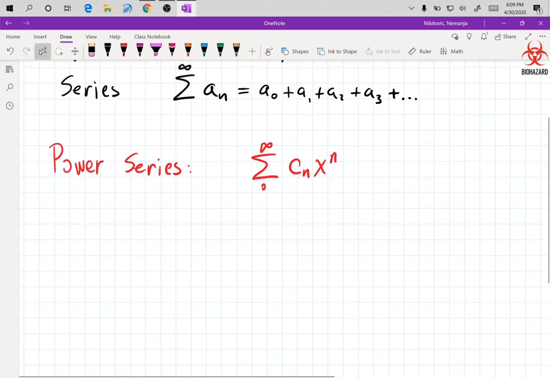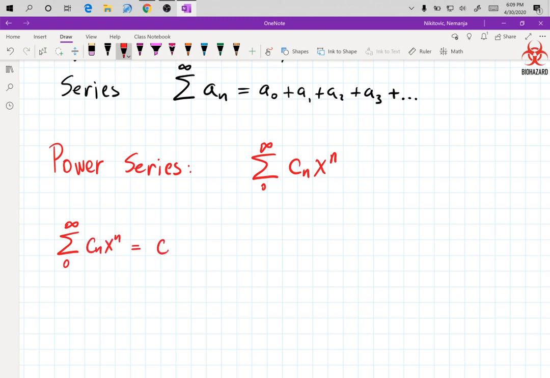Now, if I write out the terms, you should immediately recognize it as something you already know. The first term is c_0, and then x to the 0 is 1, plus c_1 x plus c_2 x squared plus c_3 x cubed plus ... c_n x to the n plus ... going forever.